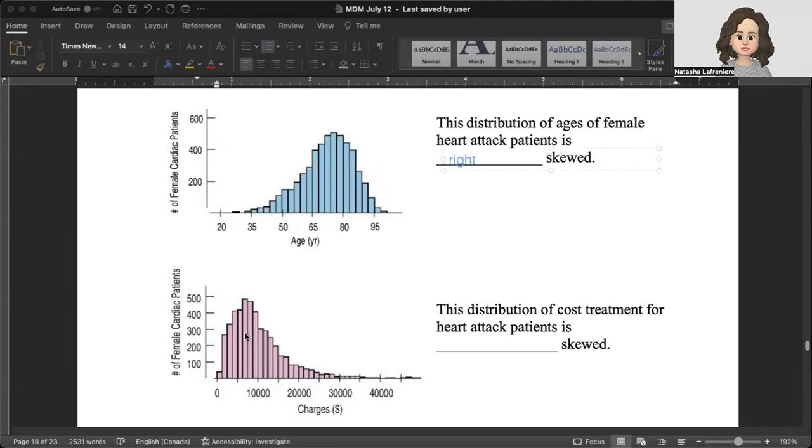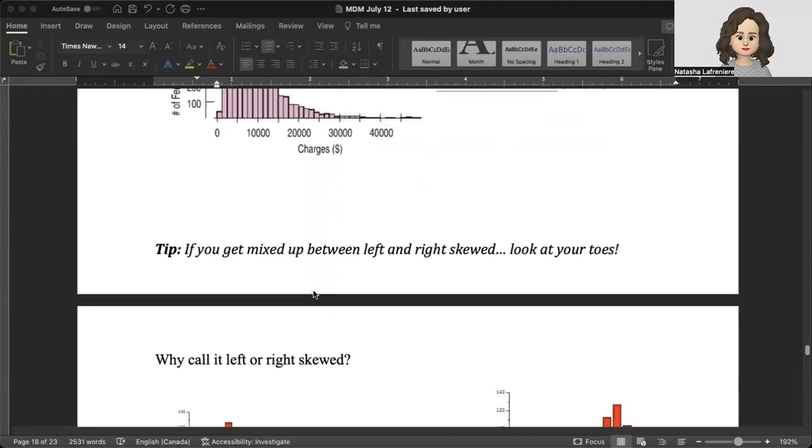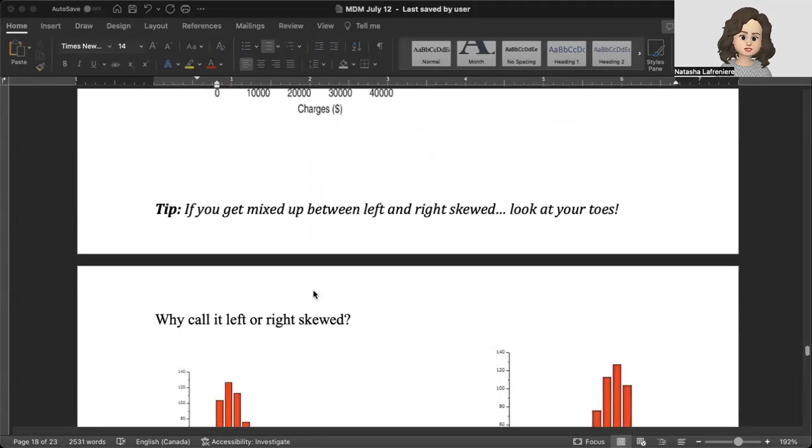Okay, and this one, you could see that the mound is on the left, and so you would say that this is left skewed. So I'm going to clear this. So if you get mixed up between left and right skewed, look at your toes.